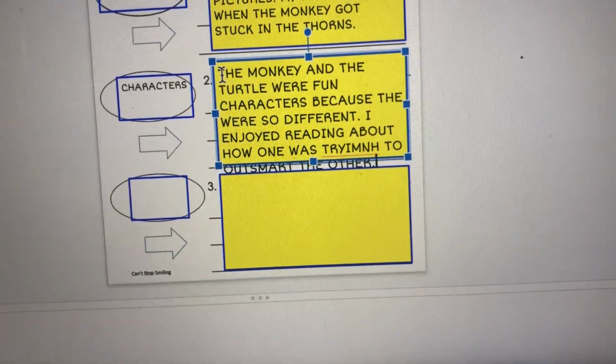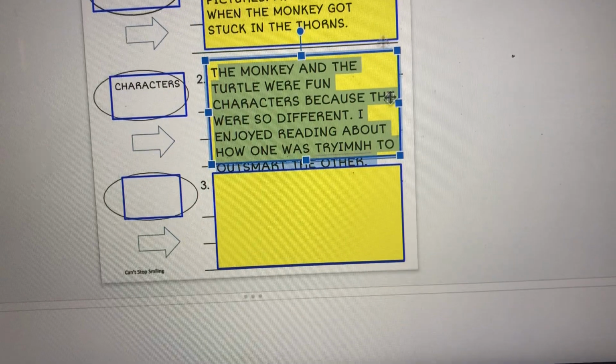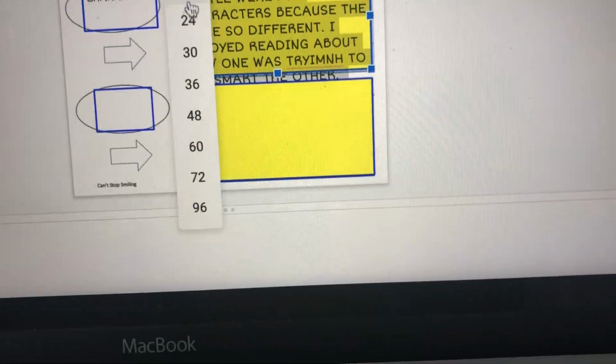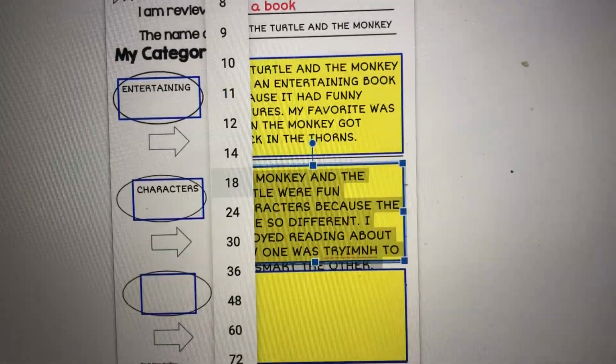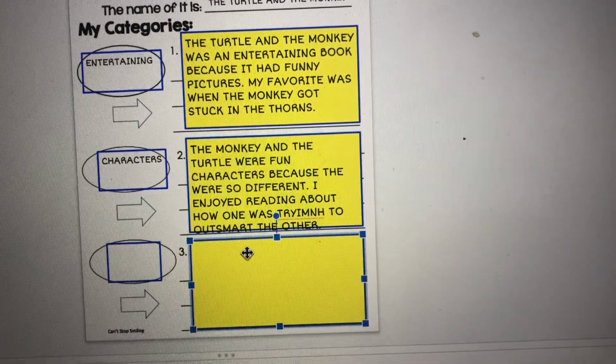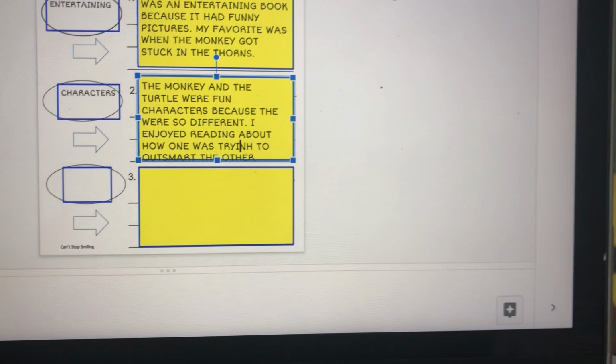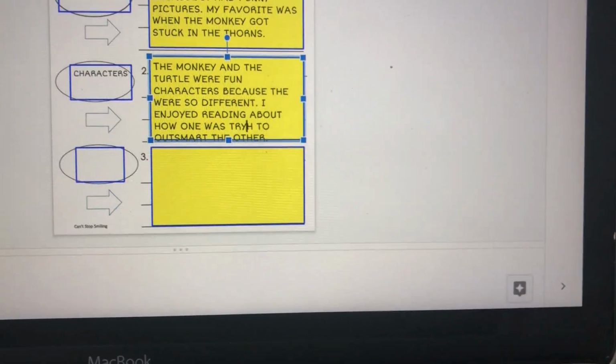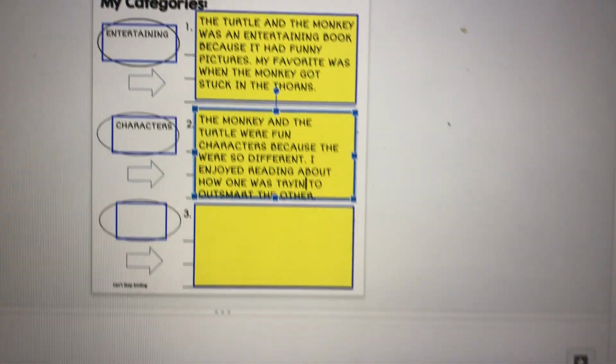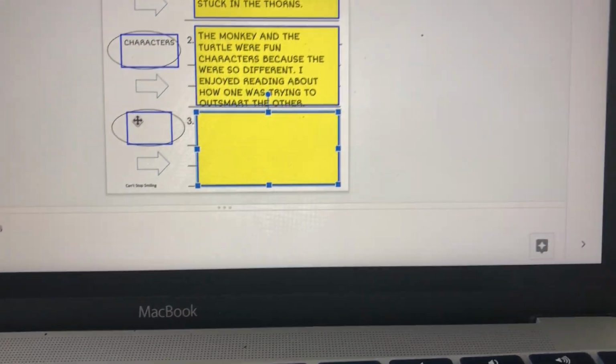Okay, so again, I'm just going to make this a little bit smaller here so it all fits. Good. That does not say trying, does it? Okay, and now I have my last category.